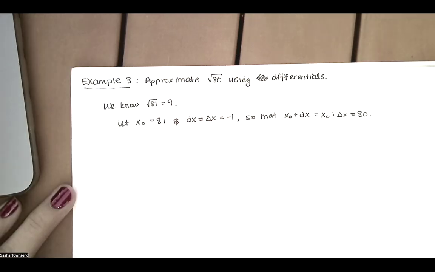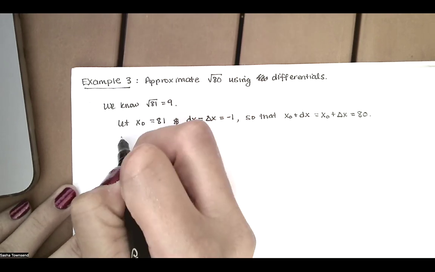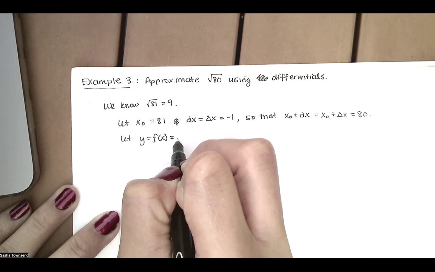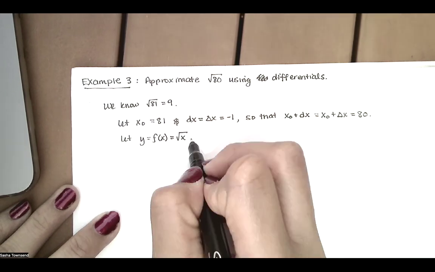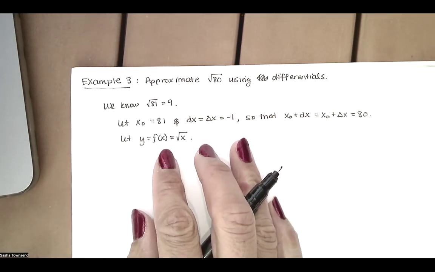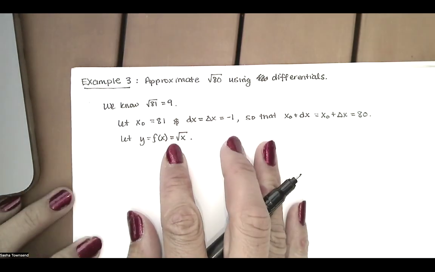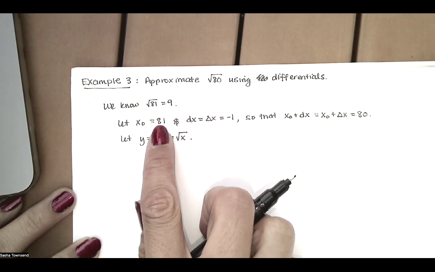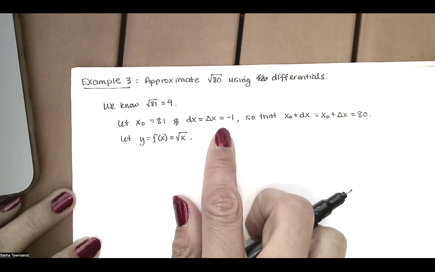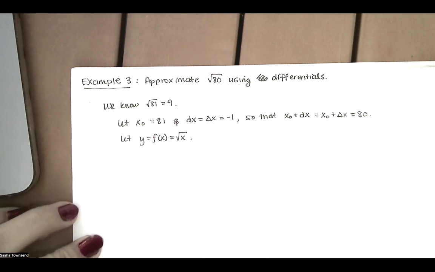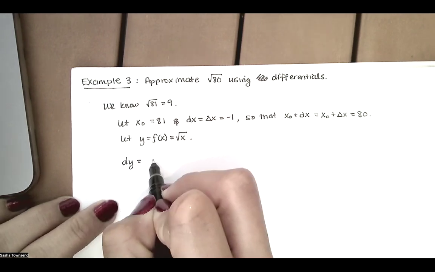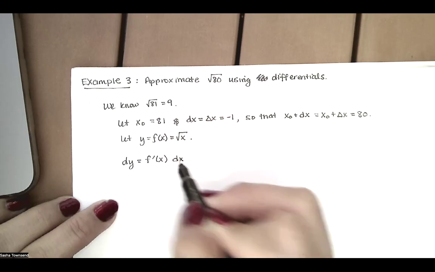And then we'll use the function y equals f of x, where f of x is the square root of x, as the function of interest. So with that in mind, I can use the differential of this function evaluated at this point with this dx to approximate the square root of 80. Let's do that. We have dy is f prime of x times dx.